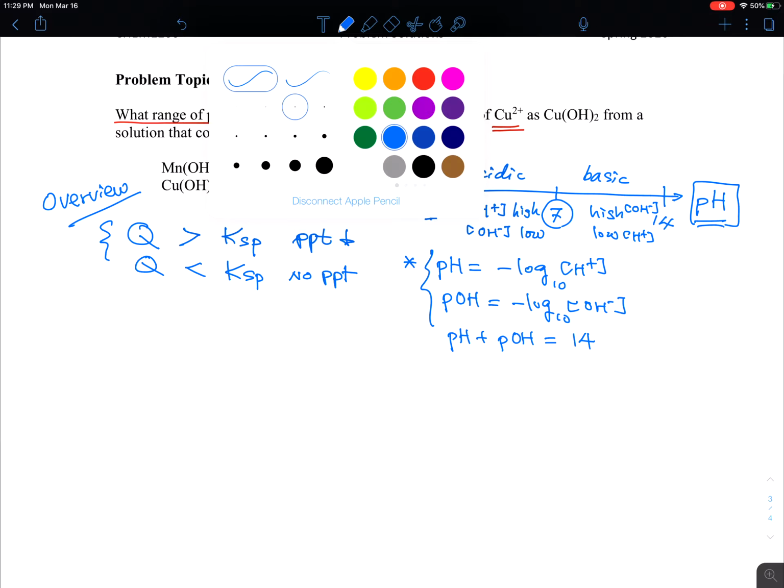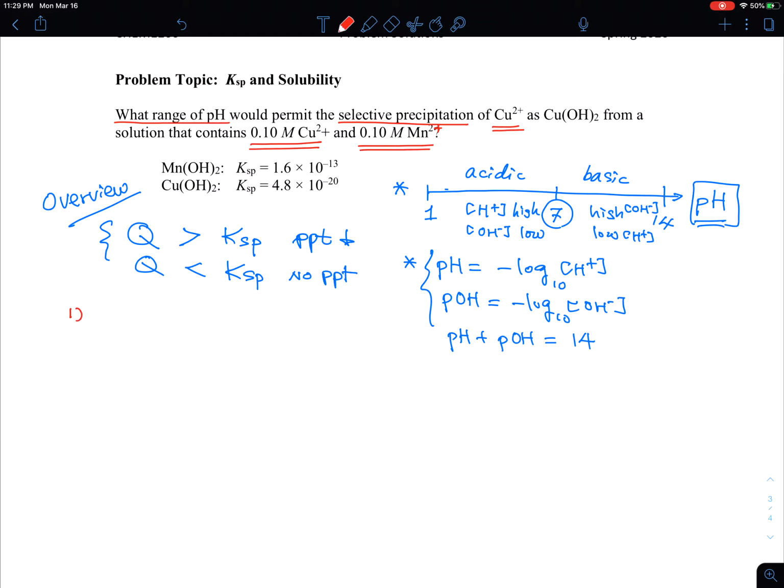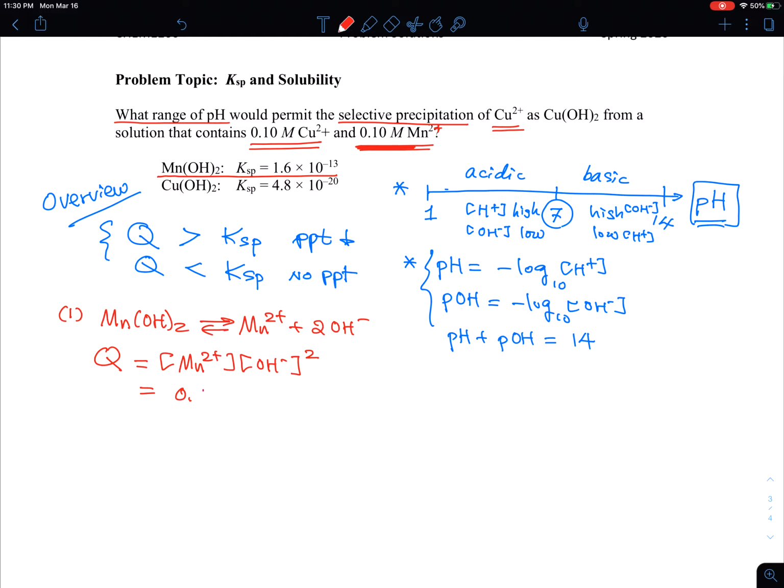Let's go with the first one. We're talking about manganese, so Mn(OH)2 is Mn2+ plus 2 OH-. Therefore, Q is Mn2+ times OH- squared. We have 0.10 molar concentration for Mn2+, and the OH- concentration is something we do not know, so we want to find it out.